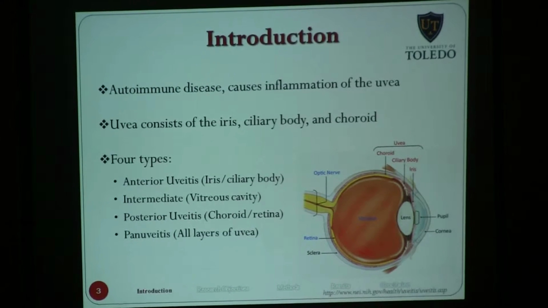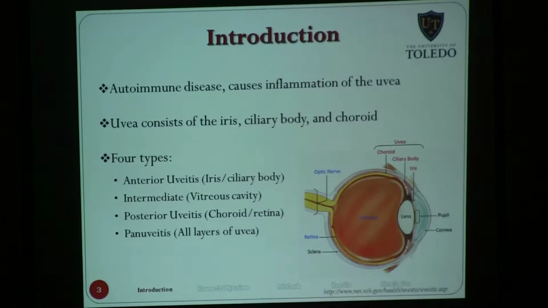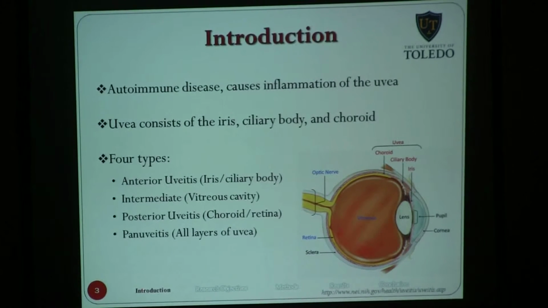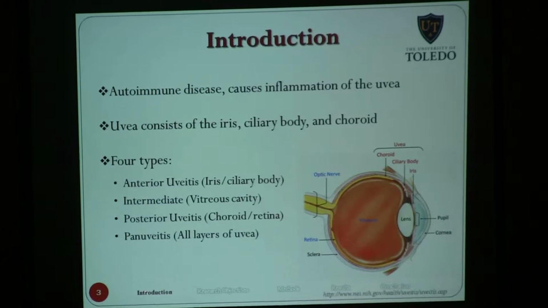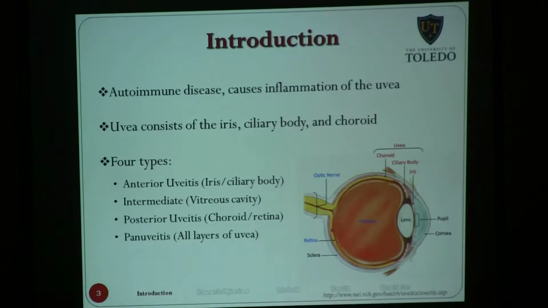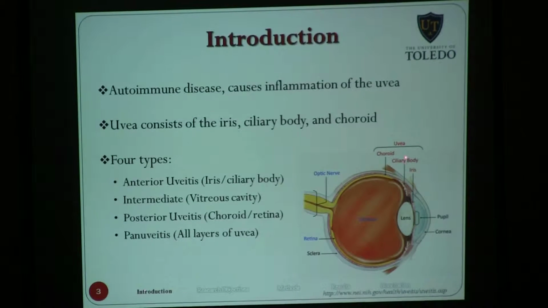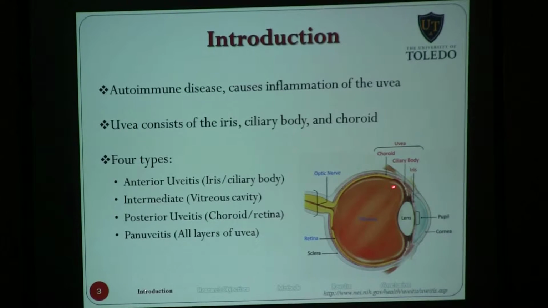Coming to introduction, uveitis is an autoimmune disease that causes inflammation of uvea, and uvea is the middle layer of the eye, and it mainly consists of three tissues, that is iris, ciliary body, and choroid. And if you see here, these are the three tissues, and these three tissues are called uvea.